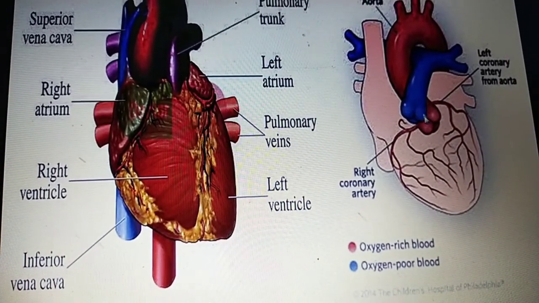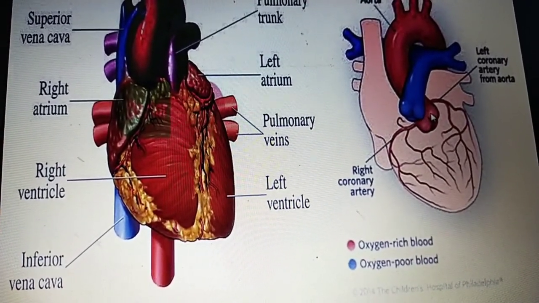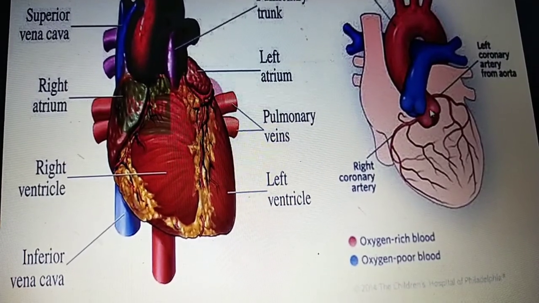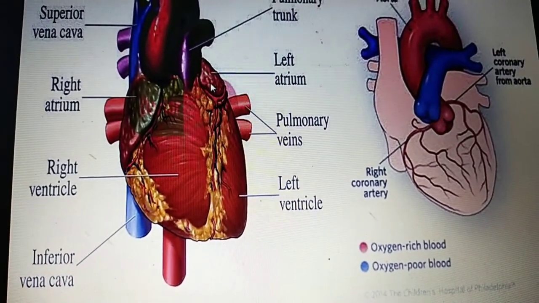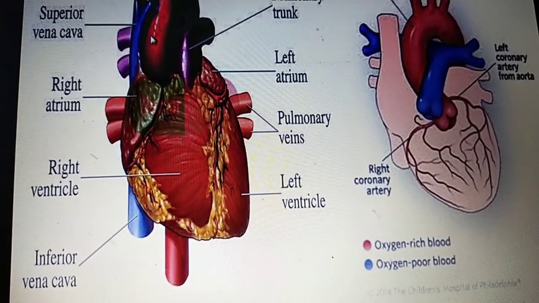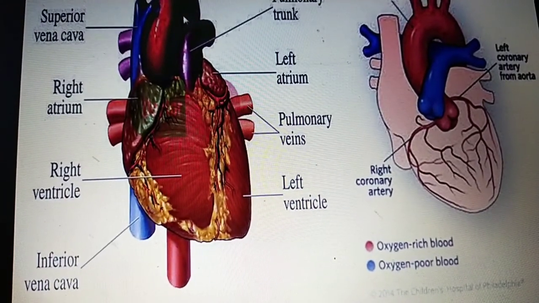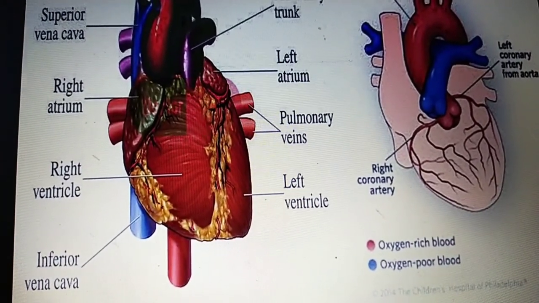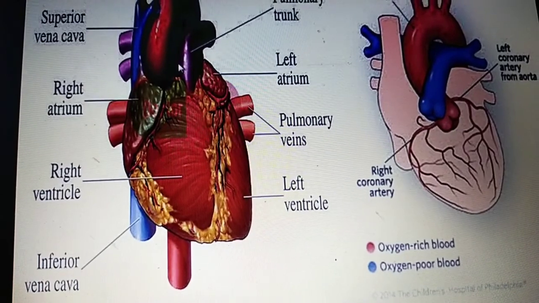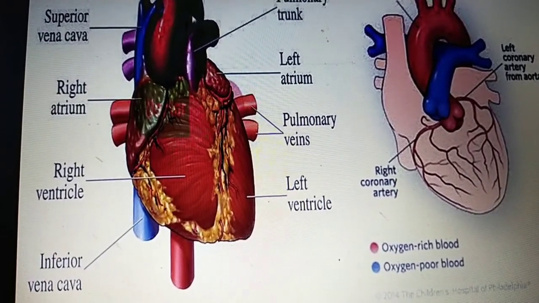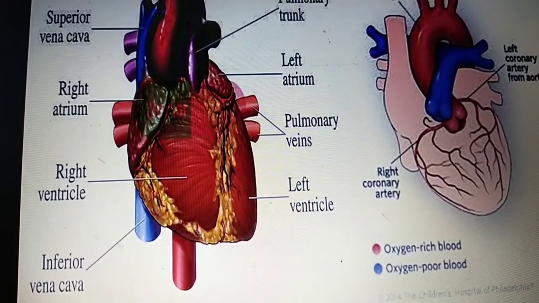Posteriorly, the root of the ascending aorta. Superiorly, the arch of aorta in front, and just below that posteriorly, the pulmonary veins or descending aorta are present.